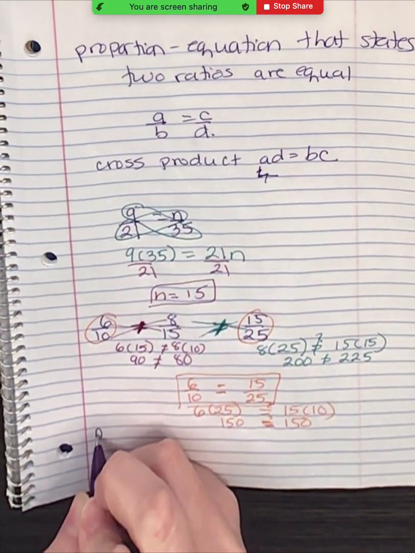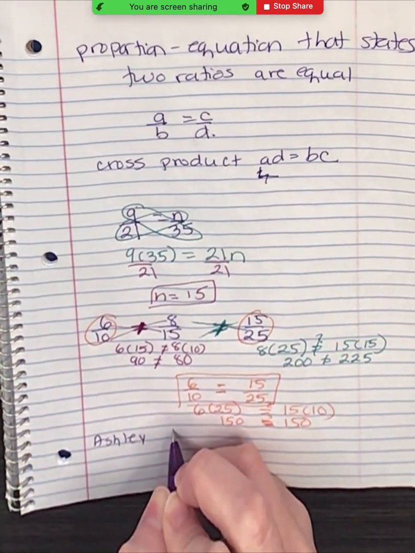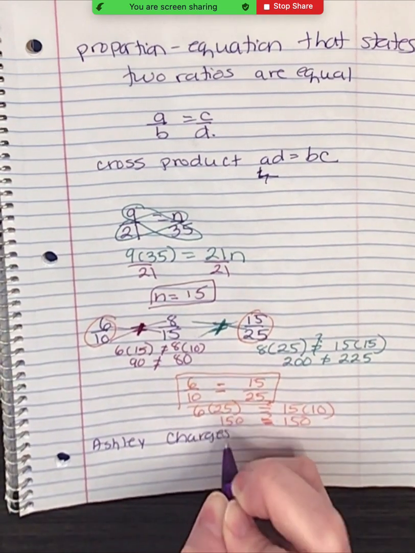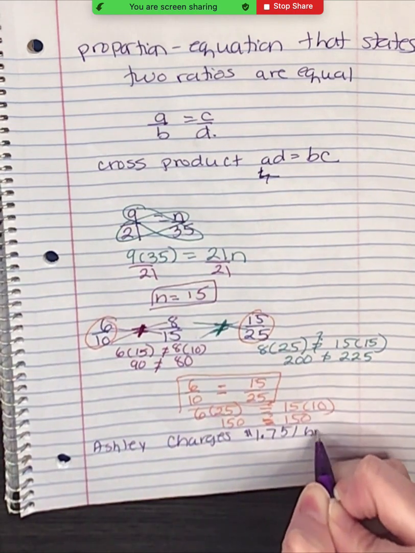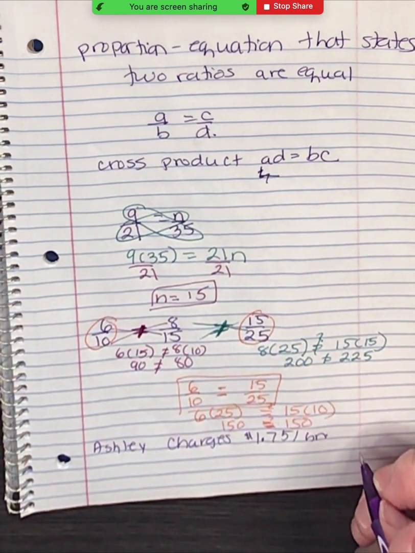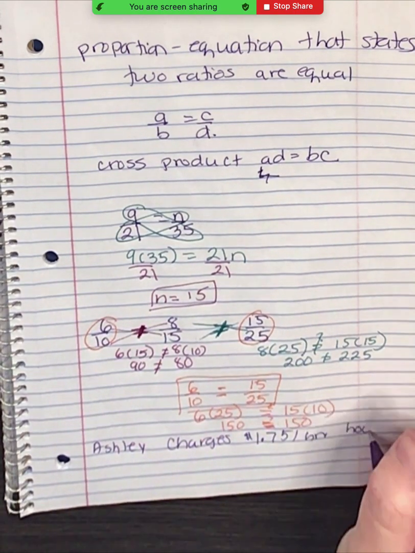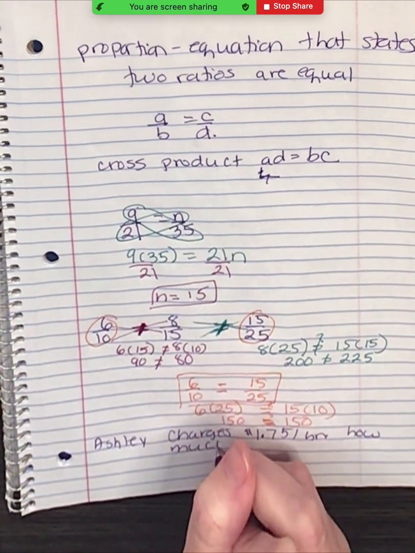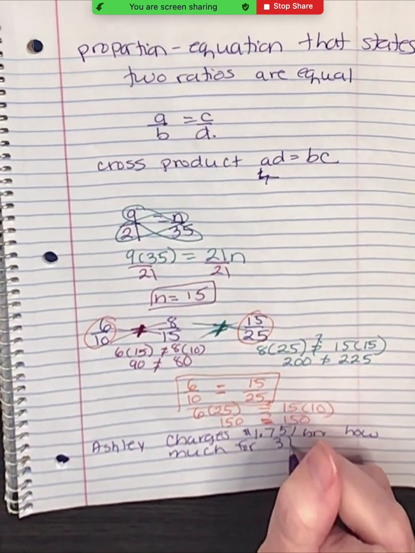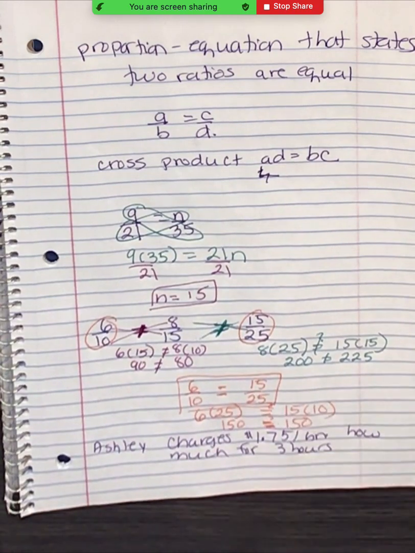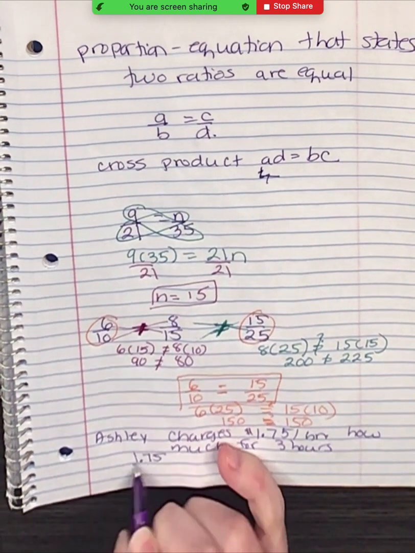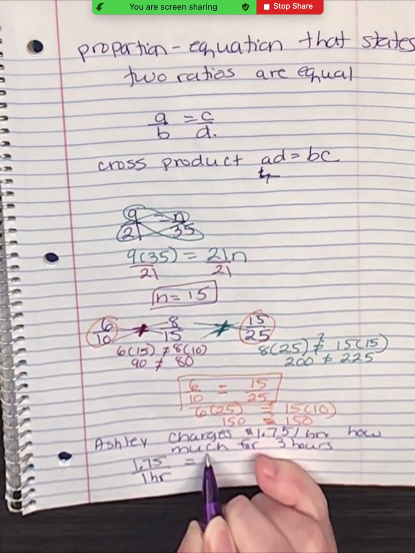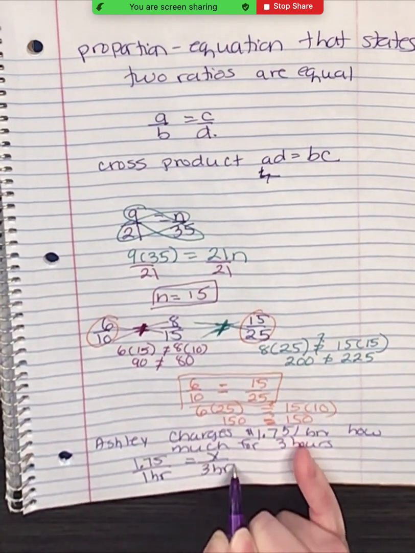And then one more. So Ashley is going to charge $1.75 per hour to babysit. How much for 3 hours? Okay, so you would set up a proportion. You would say $1.75 per 1 hour equals X per 3 hours.